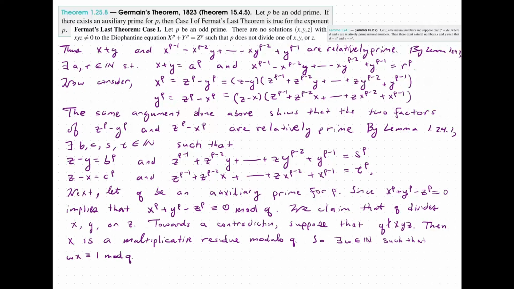But now we go ahead and multiply this equation here by w to the p. We have that x to the p plus y to the p minus z to the p is congruent to 0 mod q. After multiplying by w to the p, we're going to have wx to the p, that's going to be 1. So we get a 1, but then we have a plus wy to the p minus wz to the p is congruent to 0 mod q.